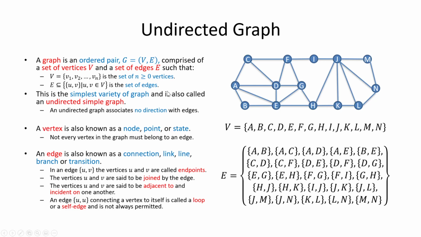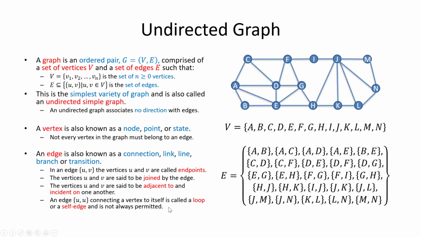Now, finally, the way I've defined things here, it's possible that U and V are the same vertex, like V1 to V1. This edge would be U to U, and we usually call this a loop or a self-edge. The graph I have depicted here does not have any, and that's because in a lot of definitions of graphs, you'll see no self-edges allowed.